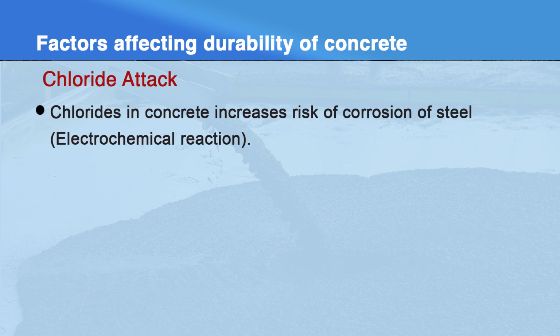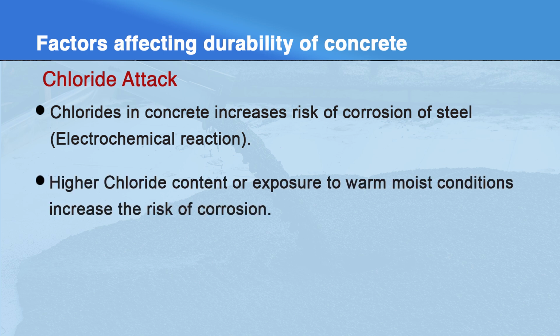Number 2 is chloride attack. The chlorides in the concrete increase the risk of corrosion of steel, which is nothing but an electrochemical reaction. Higher chloride content or exposure to warm, moist conditions increases the risk of corrosion.